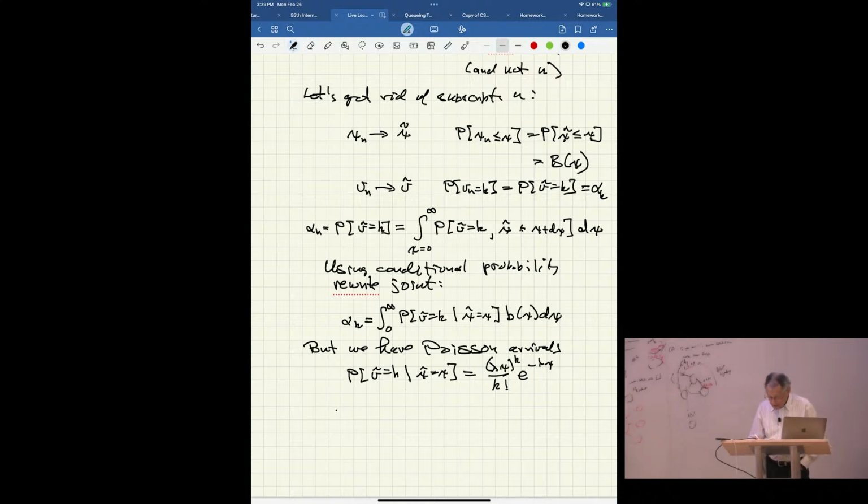So I can finally write down that alpha k is equal to the integral from 0 to infinity of lambda x to the k over k factorial e to the minus lambda x b of x dx. I'm going to circle that in red.